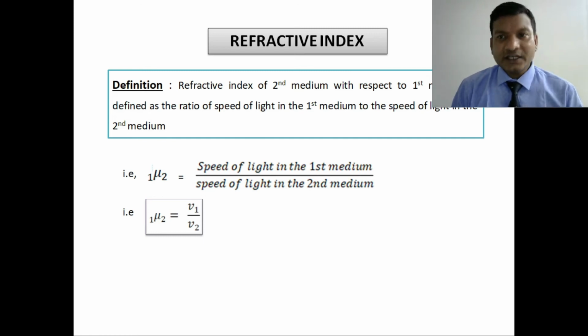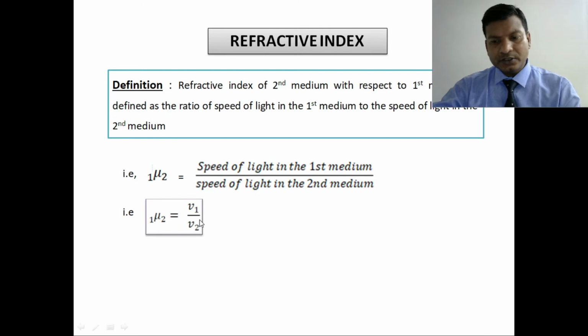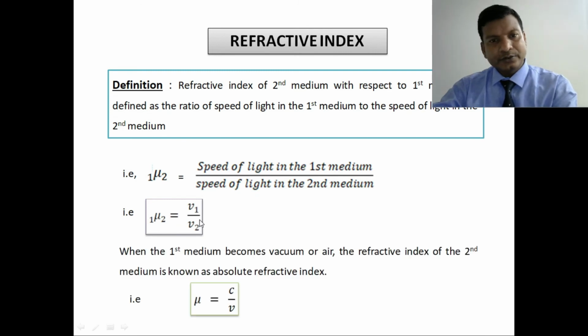Therefore the refractive index of diamond with respect to glass is the speed of light in the first medium, that is glass, divided by the speed of light in the second medium. Just see here, the formula is written mu21 is equal to the speed of light in the first medium divided by the speed of light in the second medium. Therefore mu21 is equal to v1 by v2.